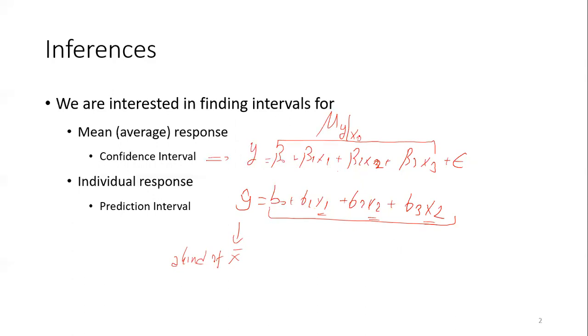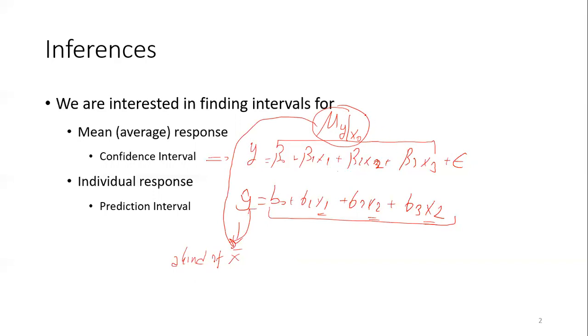In order to find the mu, you should be given some x values, because your mu changes at every different x value. So what I'm trying to do is find an estimate and an interval for this mu.